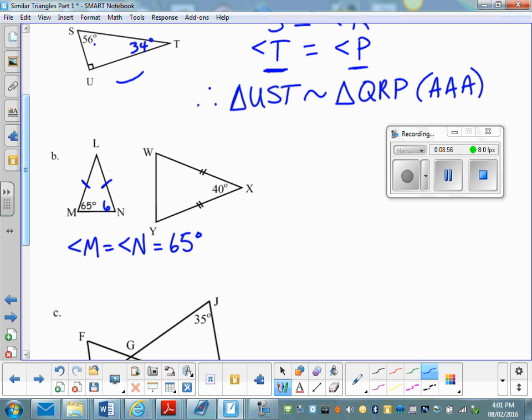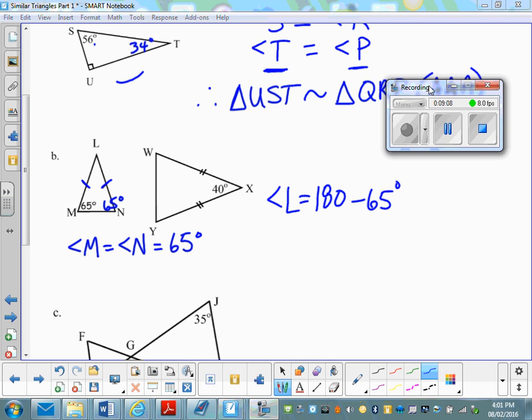So if this angle is 65 degrees, that means that angle L is going to be 180 minus 65 minus 65. So angle L is going to equal 50 degrees.